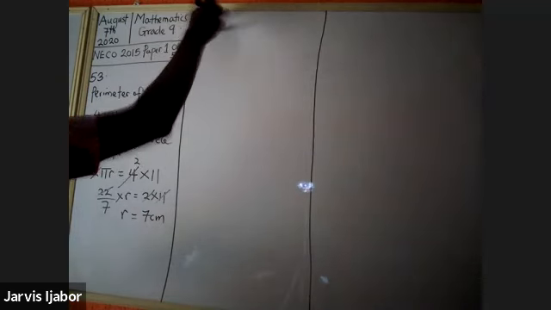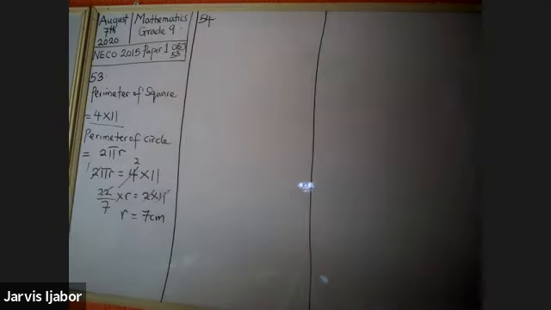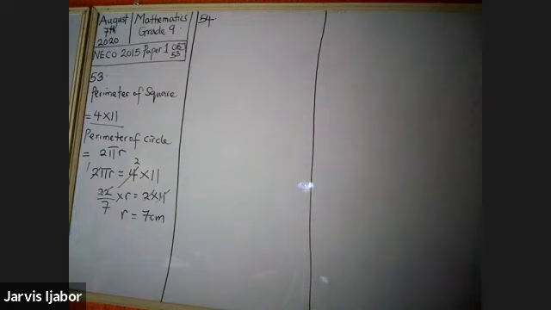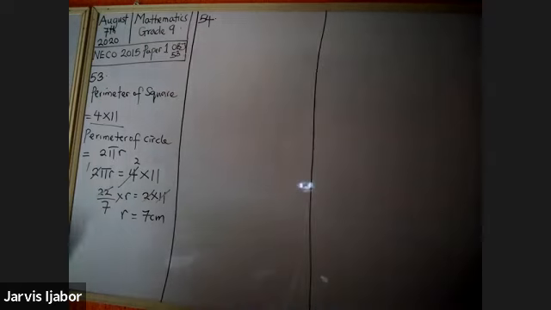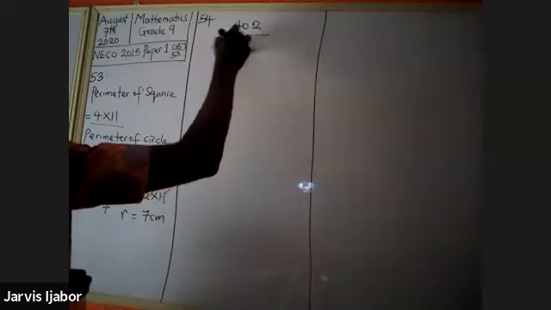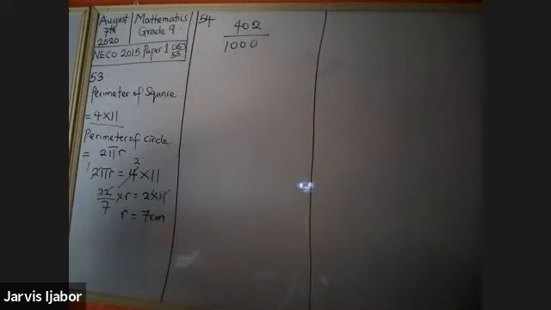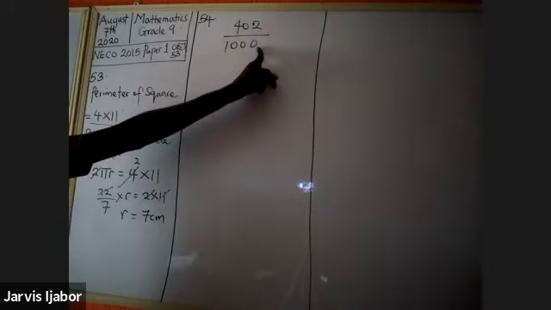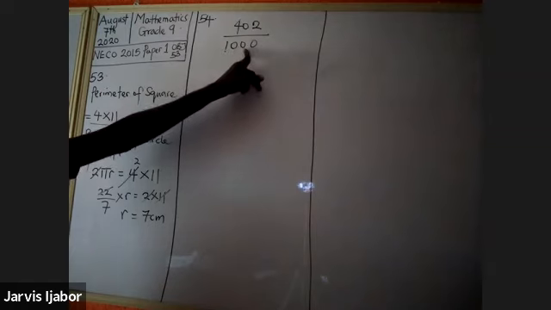Now for question 54, you say what is 402,000 in decimal? This is how you write 402,000. The thousandth position is 1,000.